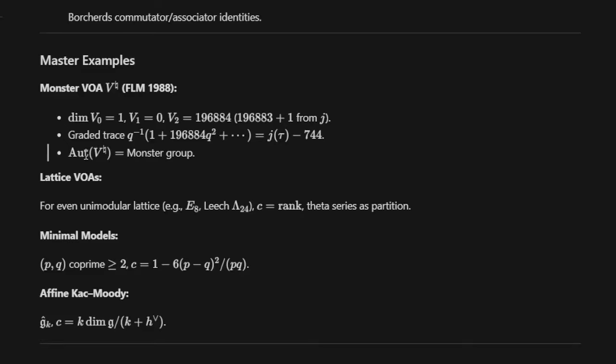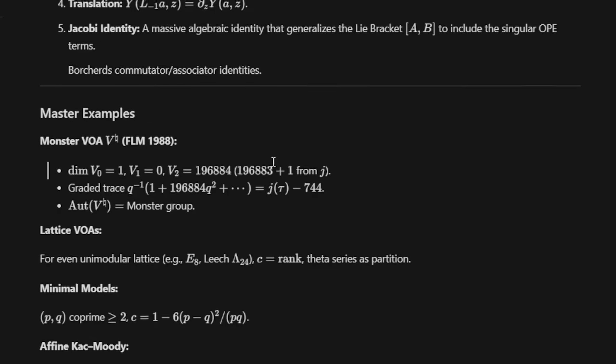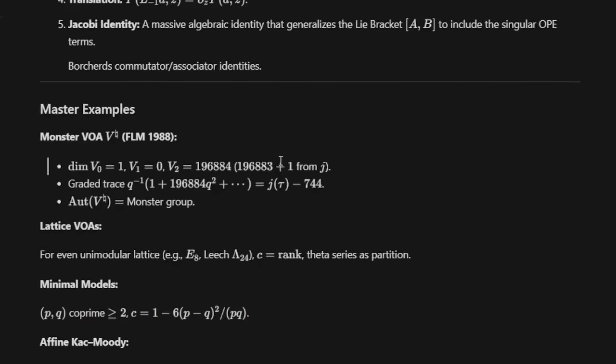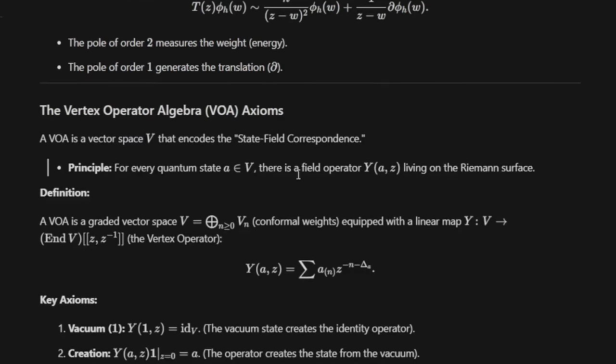And it turns out that the automorphism group of V natural gives us the monster group. We covered musical isomorphisms in the previous episode. But essentially that's really interesting, and this was discovered in 1988 as a consequence of mathematicians and string theorists working hard on this type of physically motivated vertex algebra.